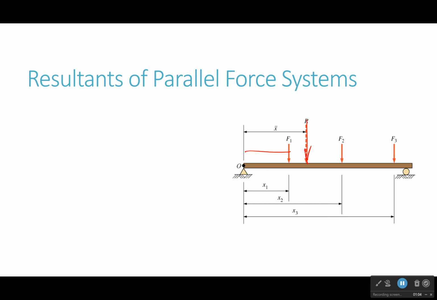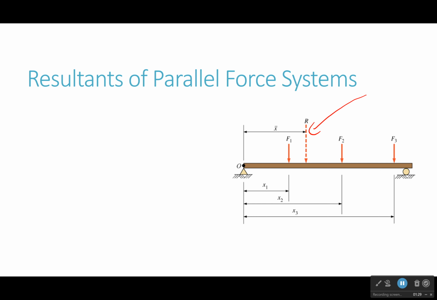So if we add up all the moments of F1, F2, and F3, they will have the same moment as that guy. And that resultant force will have the same force as F1, F2, and F3 added together. So they have the same total moment, and they have the same total force. Same total moment, same total force, but we've all condensed it down into a single spot.